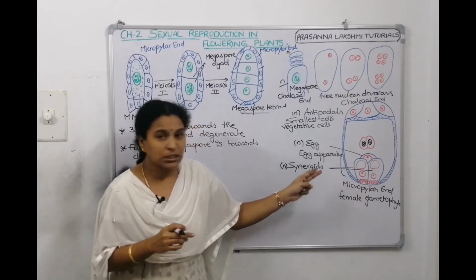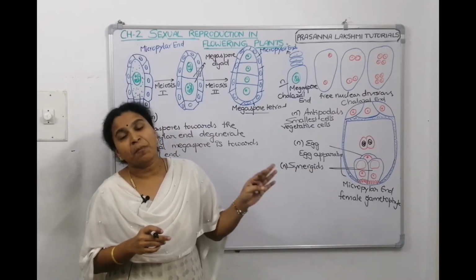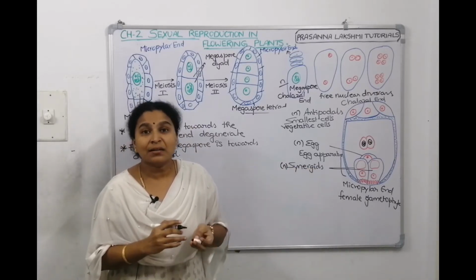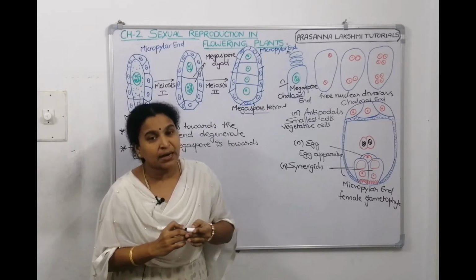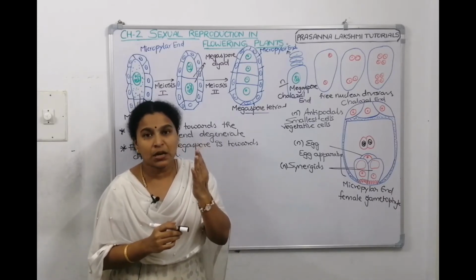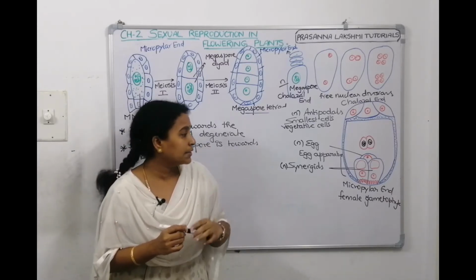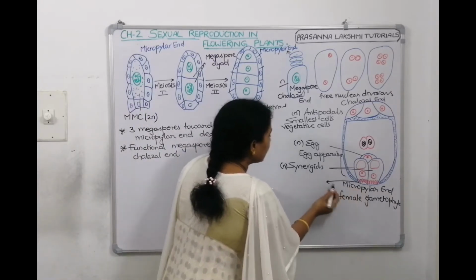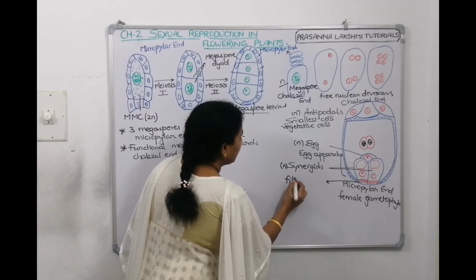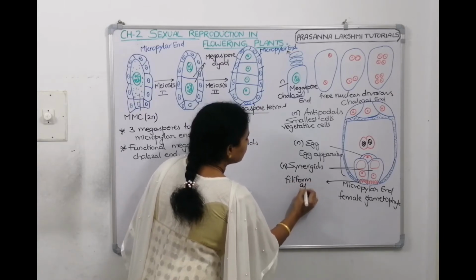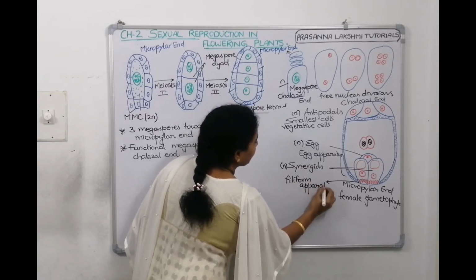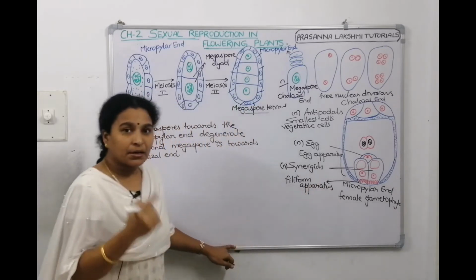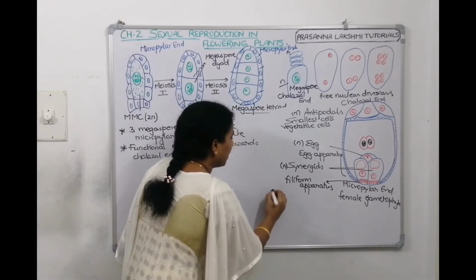Now these 2 synergids towards the micropylar end have cellular thickenings, finger-like projections, which are called the filiform apparatus. What is the function of this filiform apparatus?